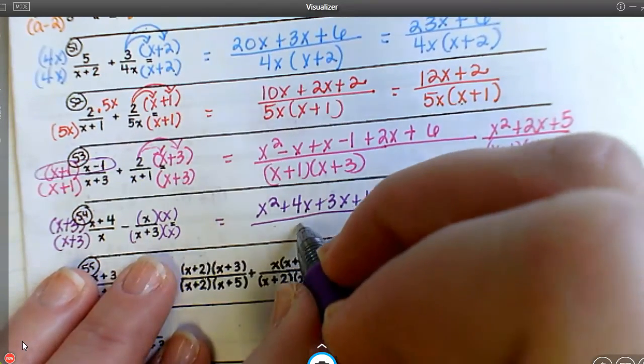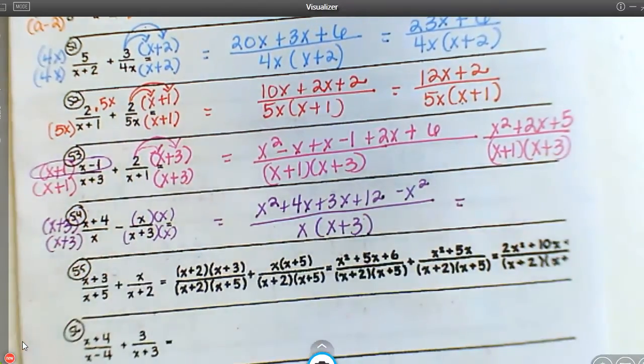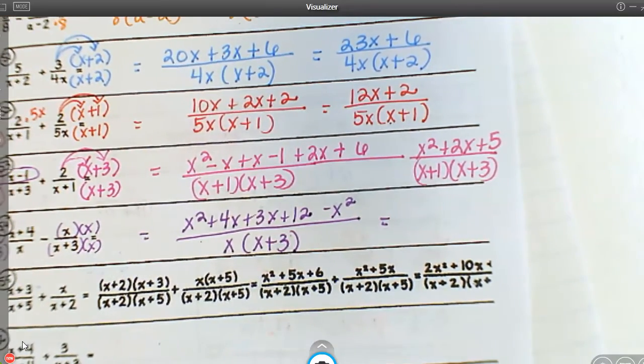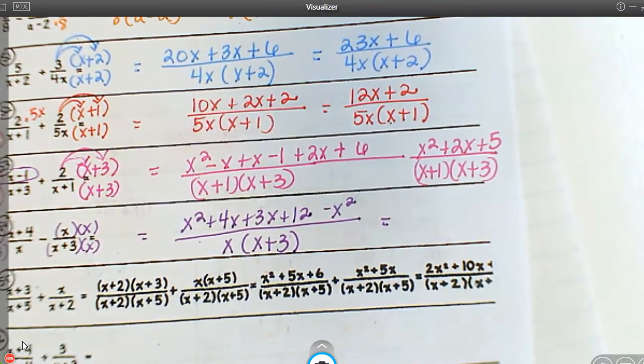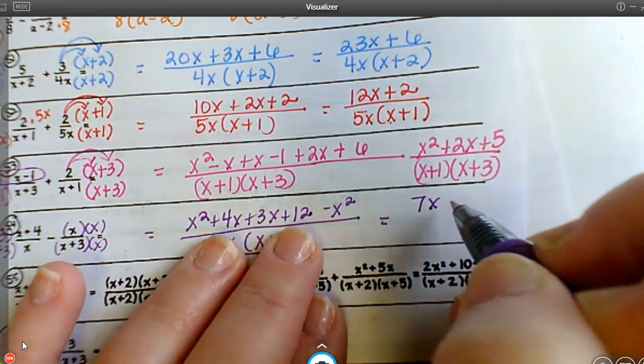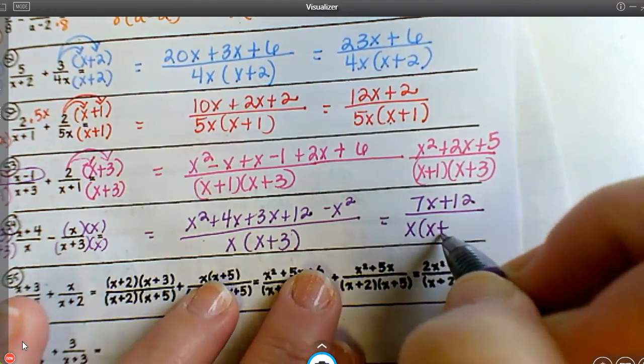And then on the bottom, we just have an x and then an x plus 3. Alright, we can combine some things on top. The x squared and minus x squared goes away, that's 0. The 4x and the 3x makes 7x. And then we've got a 12. And then x plus 3.